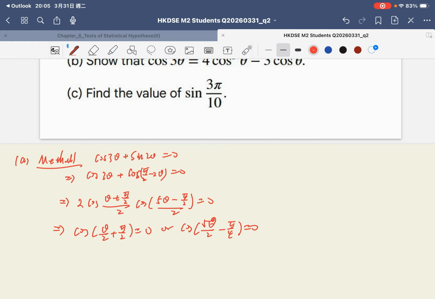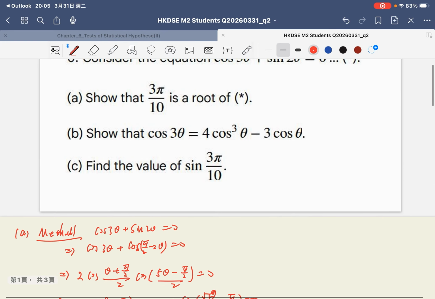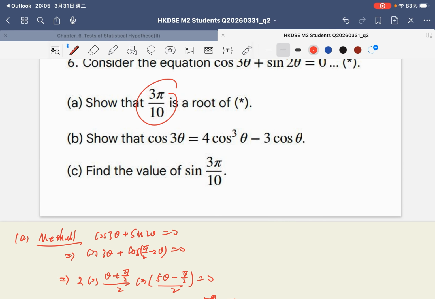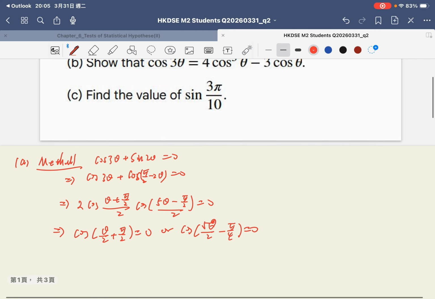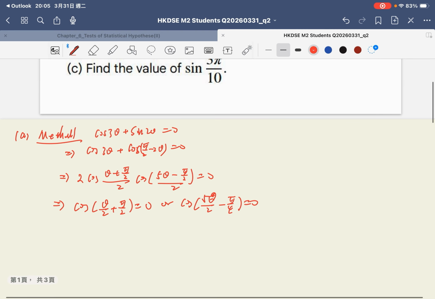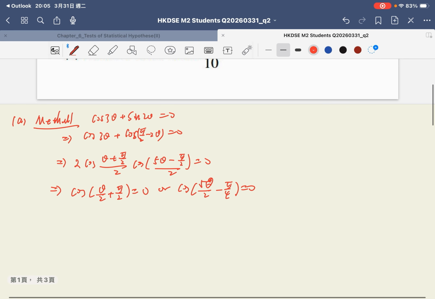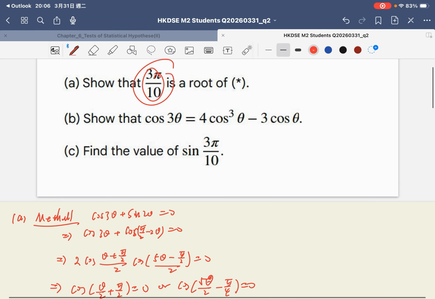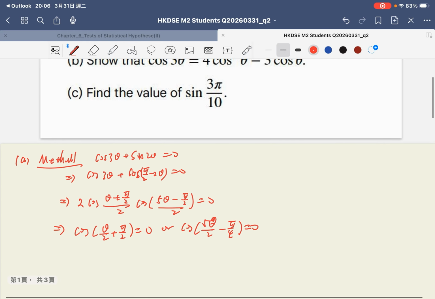We only need to show that 3π over 10 is one root. We can choose a suitable value so that we can find that θ, and we don't need to find all the roots.